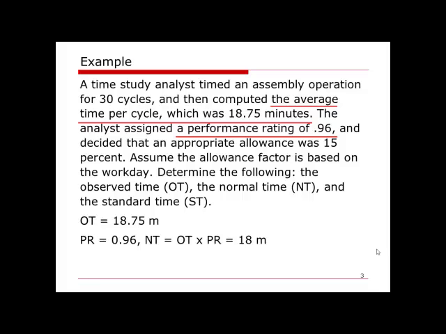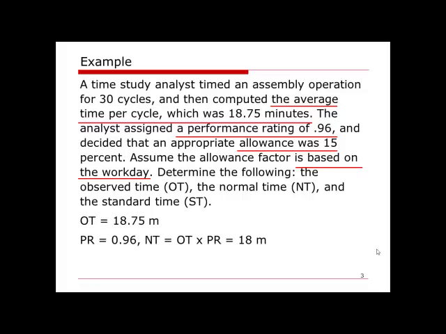So a performance rating that is less than 1 means that the normal time is shorter than the observed time, which basically means that the employee's performance under observation actually is lower than their normal performance.